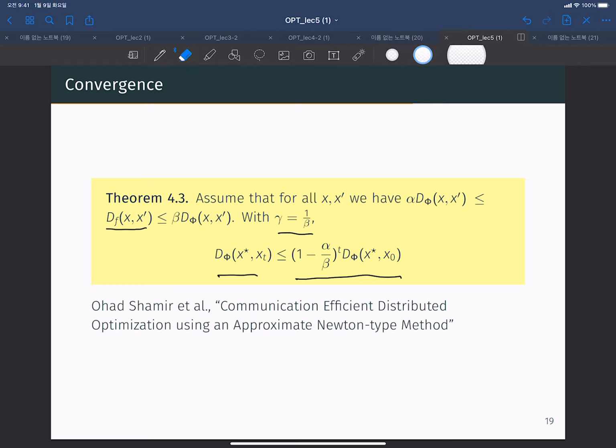So this result is almost the same as the case of alpha strongly convex and beta smooth.